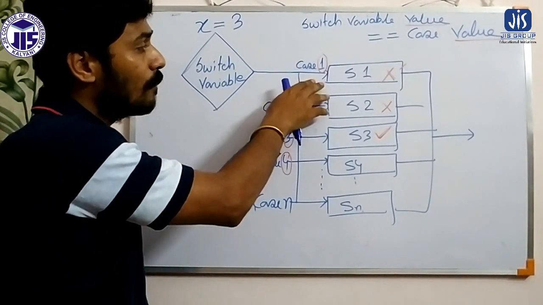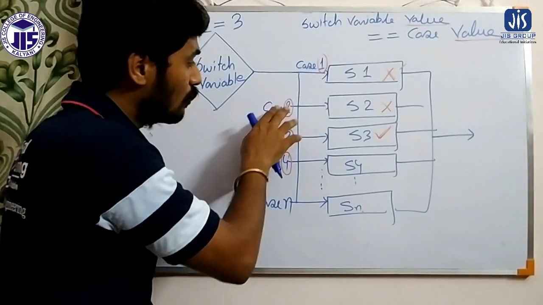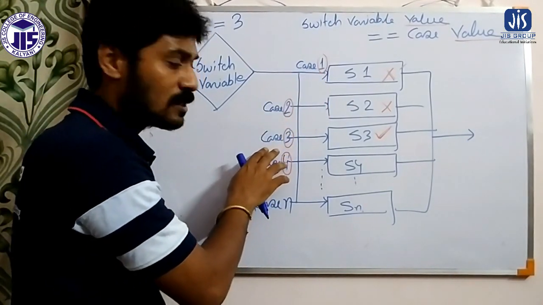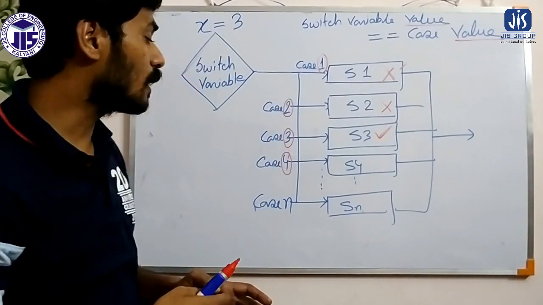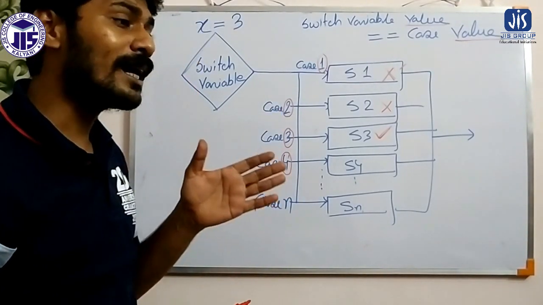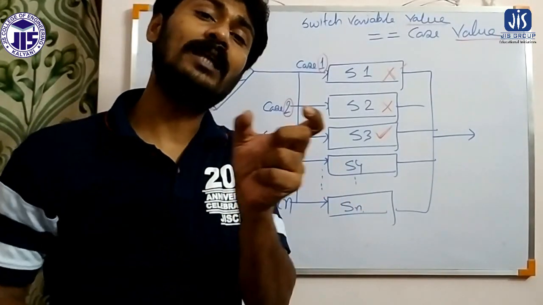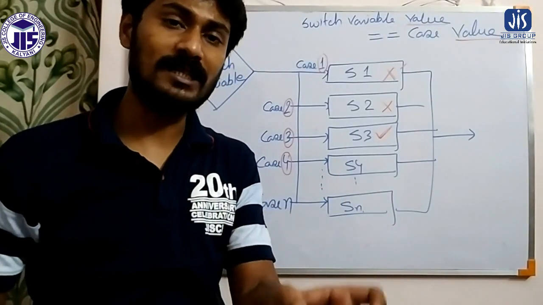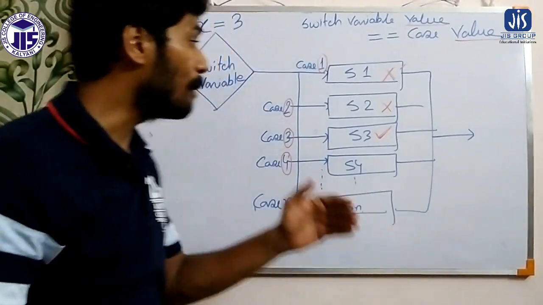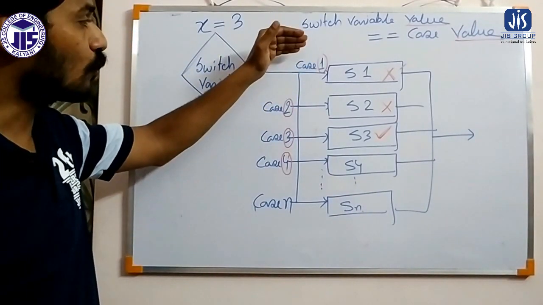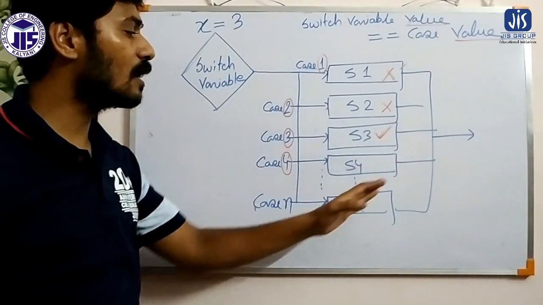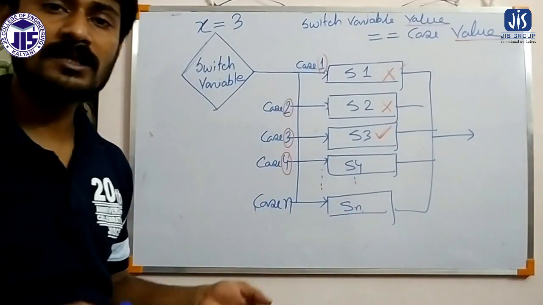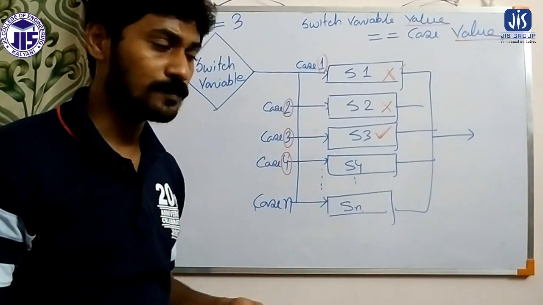No, it will first compare with case 1, then case 2, then case 3, then case 4. In that way, sequentially it will compare with all the cases, and when the case value matches, it will execute that particular statement only. But the matching is done sequentially from the beginning to the end. Okay. So that is the way the switch statement executes.